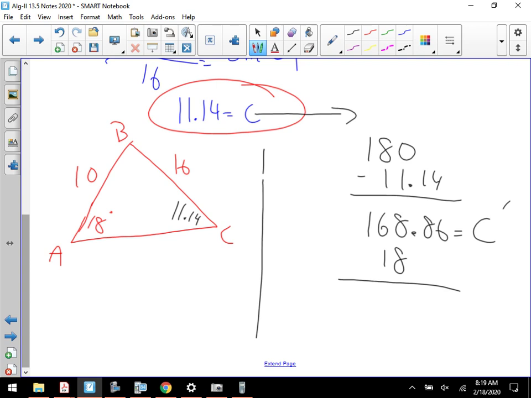Above. So will I have two triangles? No. That's the check that we do. This is now greater than 180, so there is no second triangle. If there is a second triangle, that value will be less than 180.